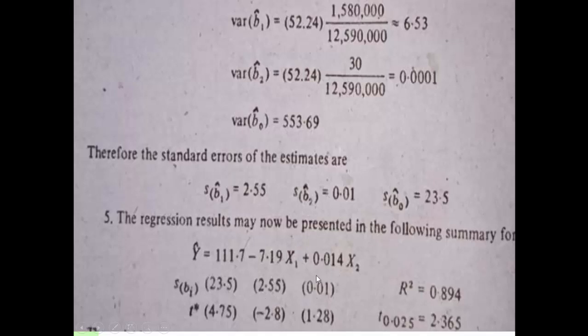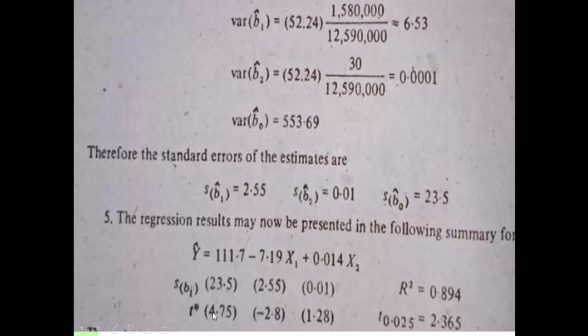This is the t statistic calculated for beta 0 hat, beta 1 hat and beta 2 hat on the basis of the given data. This is the calculated R square, and this is the t statistic at 0.05 level of significance given in the t table.